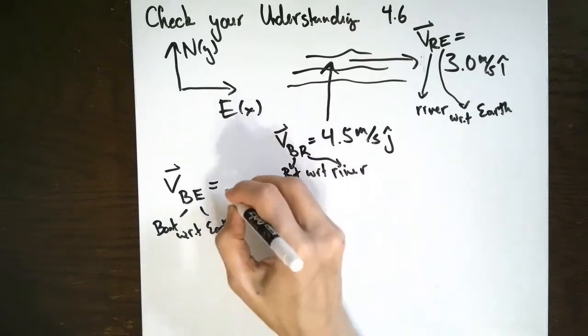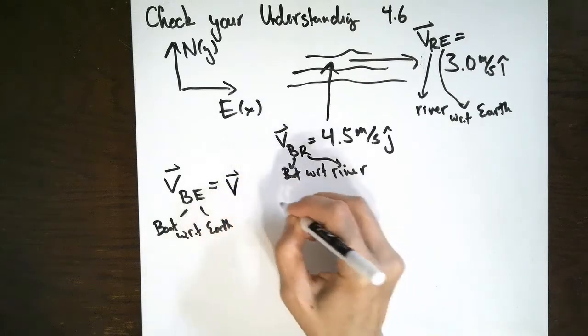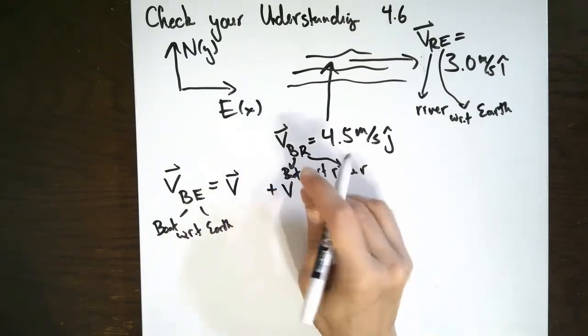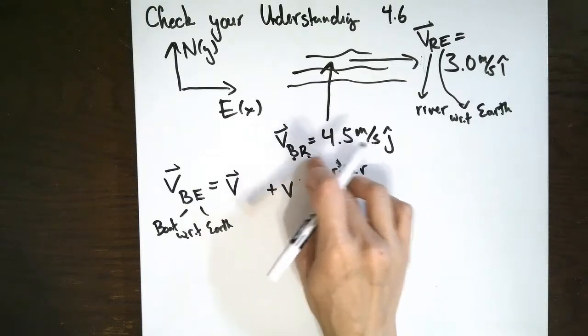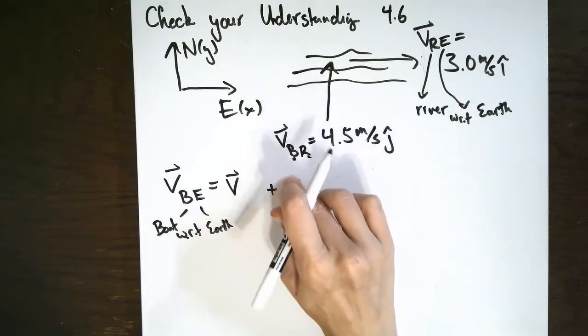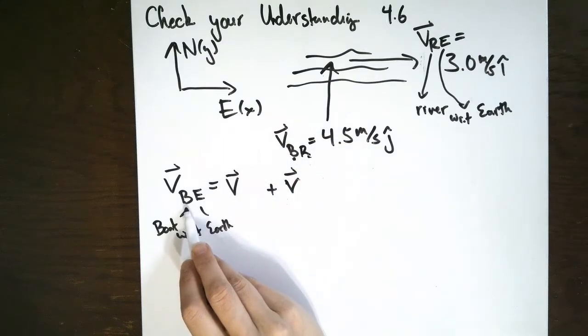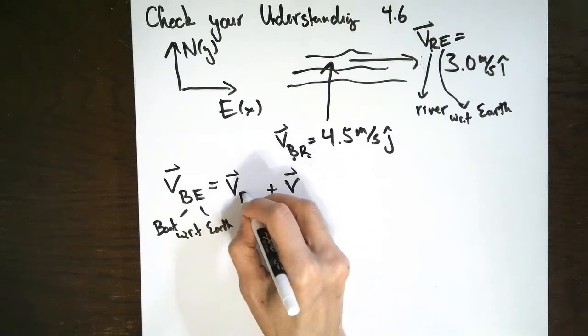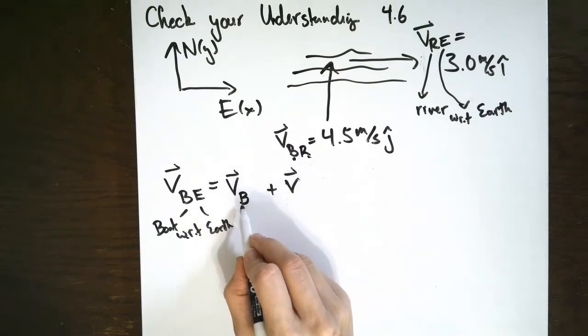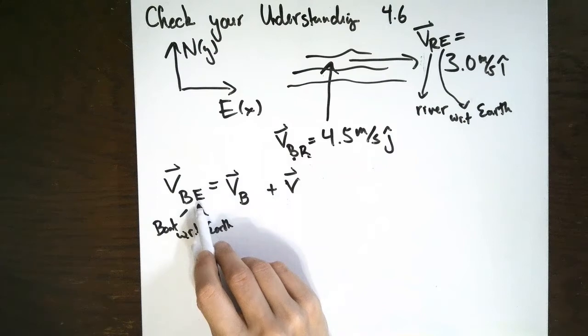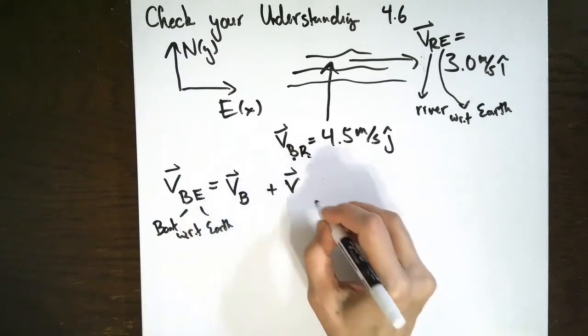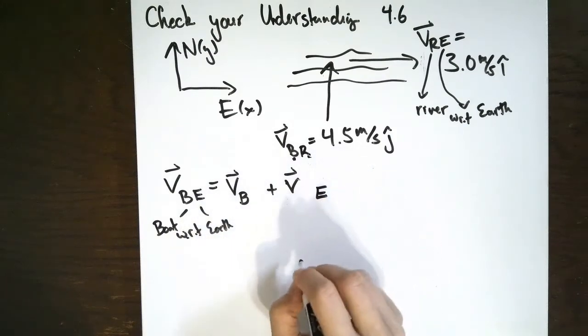Well, yeah. If we remember our convention for how we do relative velocity, I'm just going to erase that so I have enough room. The first subscript on the left-hand side of the equation is going to be the first subscript on the right-hand side. The last subscript on the left-hand side is going to be the last subscript on the right-hand side.